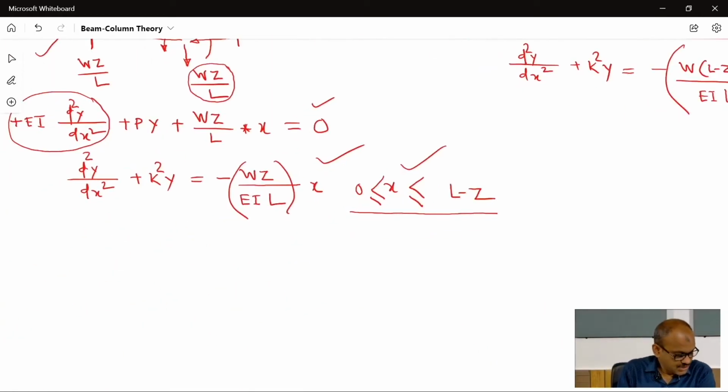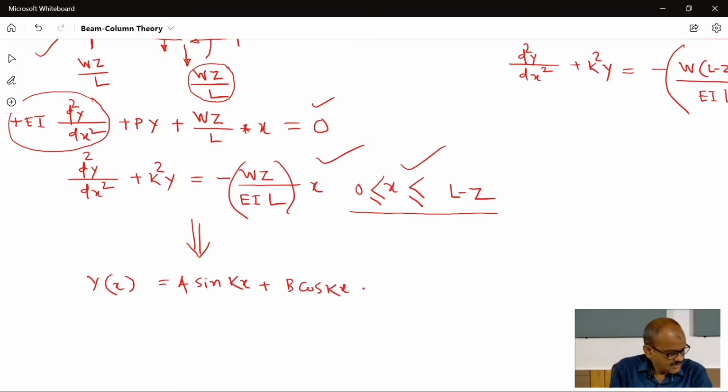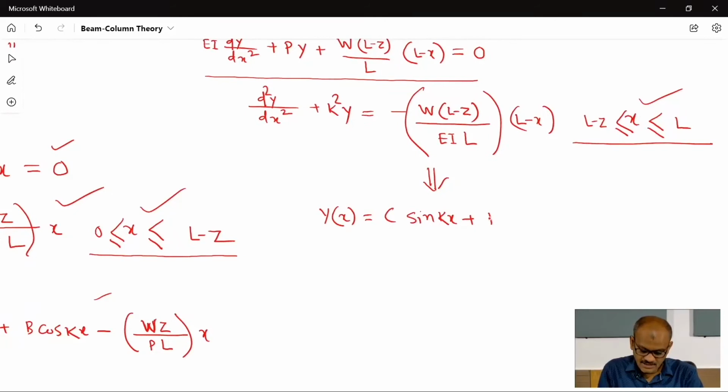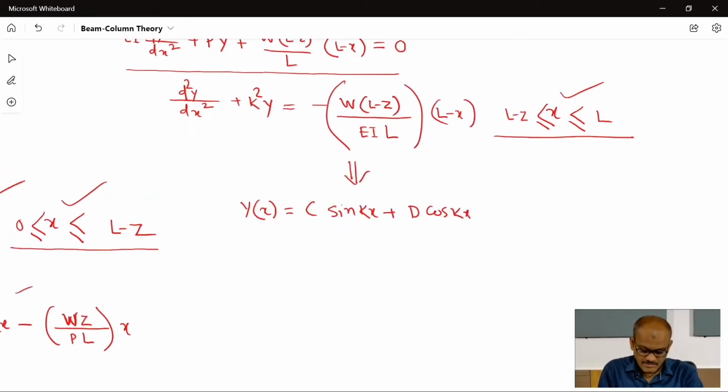So now the solution. The general solution for this is y of x is equal to a sin kx plus b cos kx minus W Z divided by P L into x, and for this the general solution is similarly y of x is equal to c sin kx plus d cos kx minus W (L minus Z) divided by P L into (L minus x).